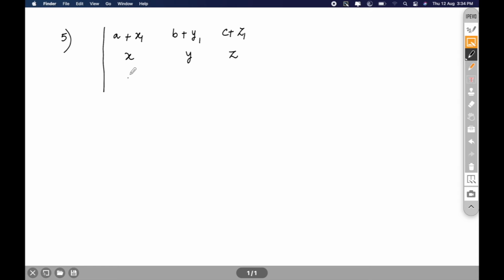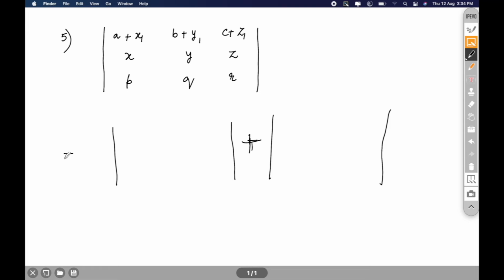Second row, p, q, r. Third row. What do we observe here? We observe that the first row elements are expressed as the sum of two terms. So this single determinant can be split into two determinants by a plus sign in between. So I can use an equal sign here.